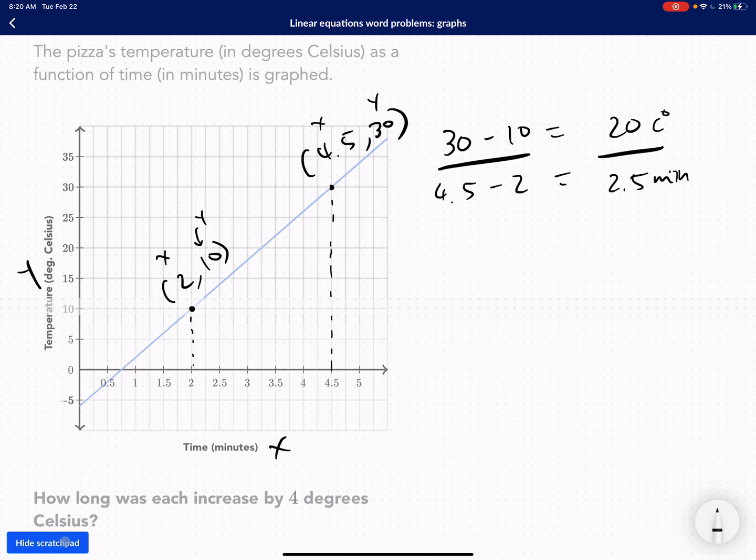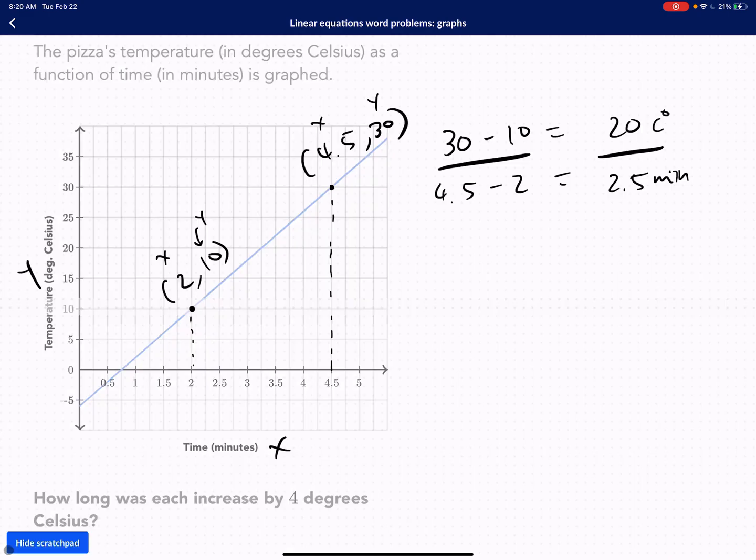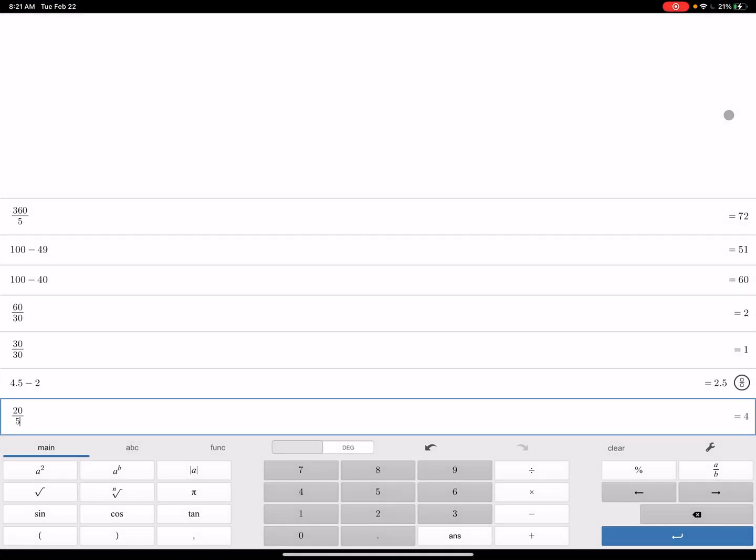They're asking how long was each increase by 4 degrees Celsius. So we want to get this 20 degrees to 4 degrees Celsius. How do we do that? We have to divide the top and bottom by 5. If I divide the numerator by 5 and the denominator by 5, 20 divided by 5 is 4.